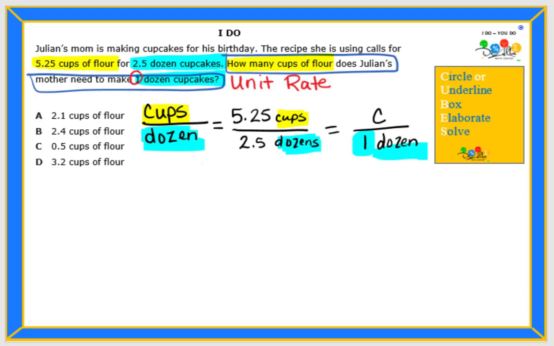So we can set up this proportion that we have here. We have 5.25 over 2.5 is equal to the cups over 1.